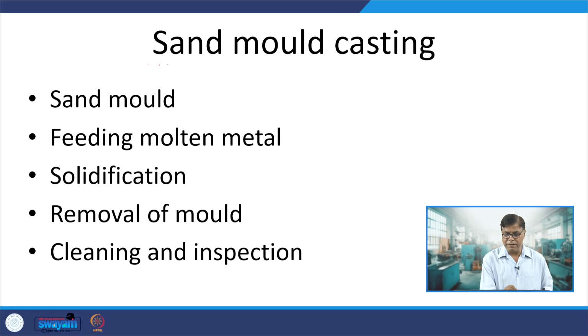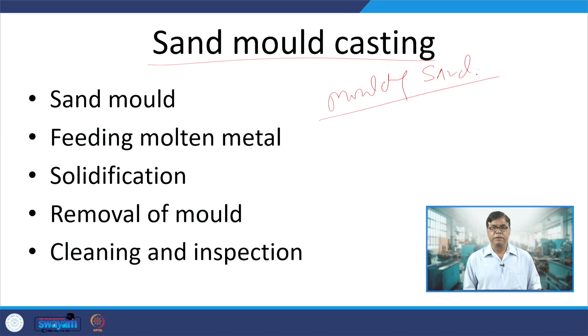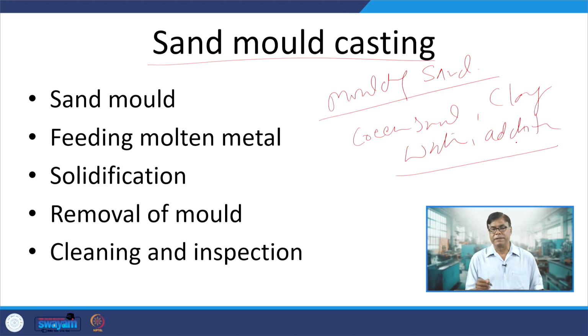As far as sand mold casting is concerned, we know that molding sand is used for making the sand molds. This is basically green sand, with clay which acts as a binder, water, and some additives used for imparting a specific set of properties like high permeability, refractoriness or good surface finish.